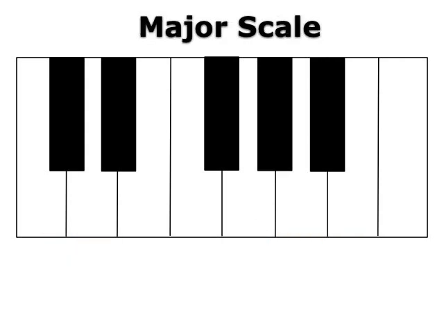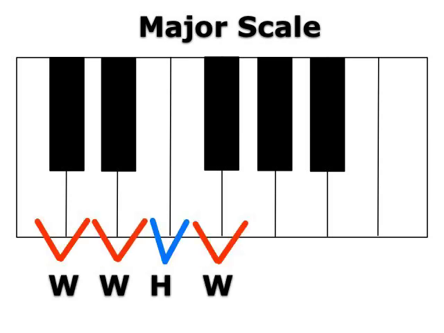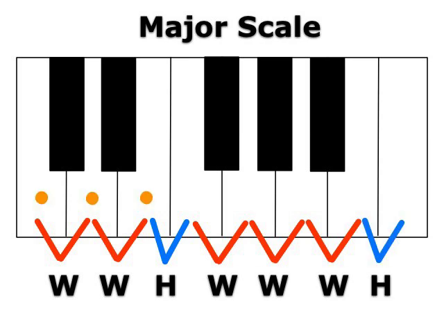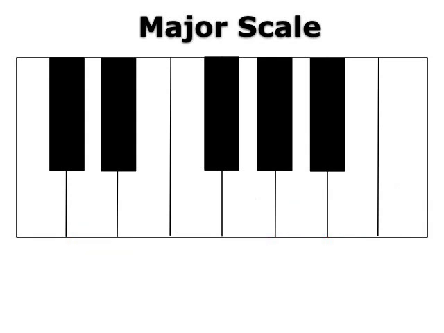The pattern of steps to create the major scale is already laid out with the white keys. Whole, whole, half, whole, whole, whole, half. It sounds something like this. Now this pattern not only applies to the white keys, but any pitch that you wish to build a scale on.